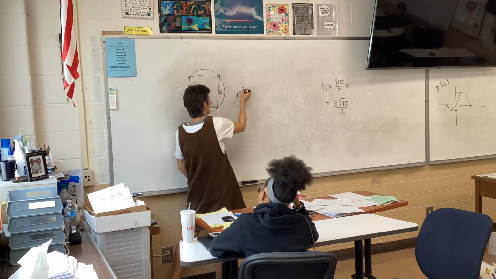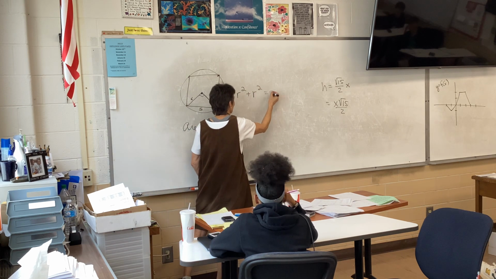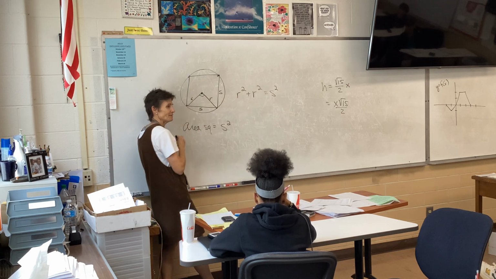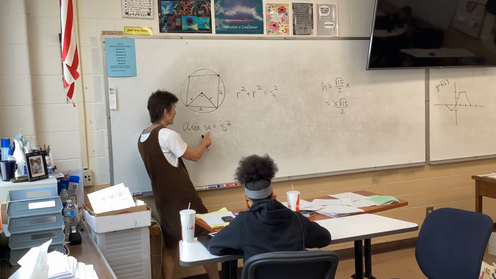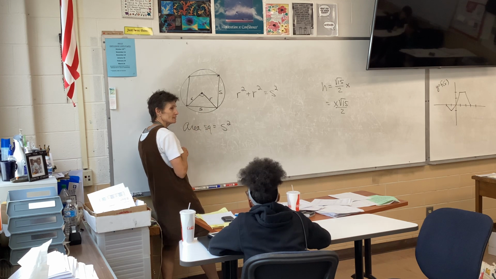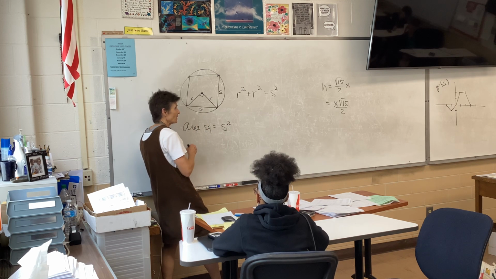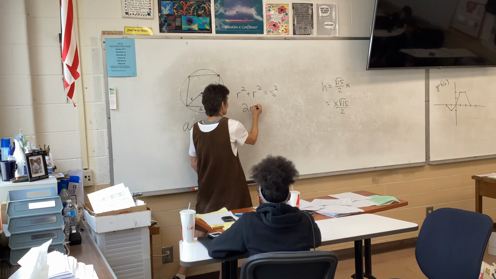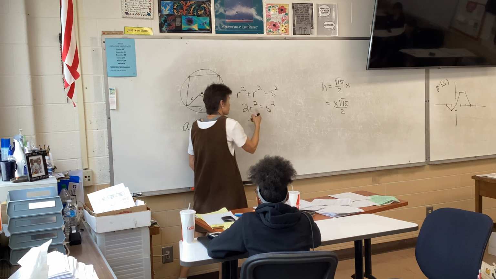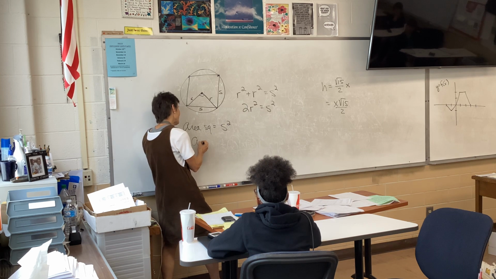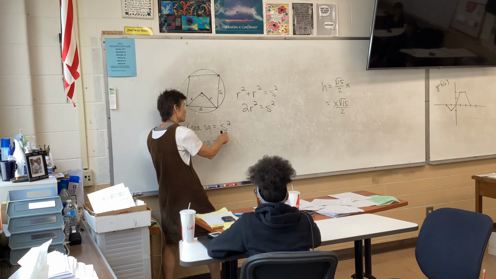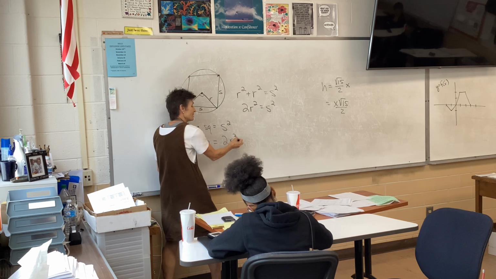So r squared plus r squared equals s squared. Would you agree with that? Now keep in mind, the area of the square is s squared. So isn't s squared 2r squared? So what's the area of my square? The area of my square is simply 2r squared.